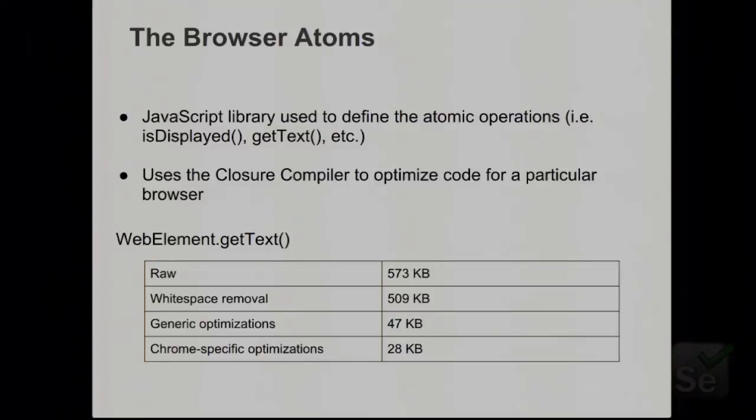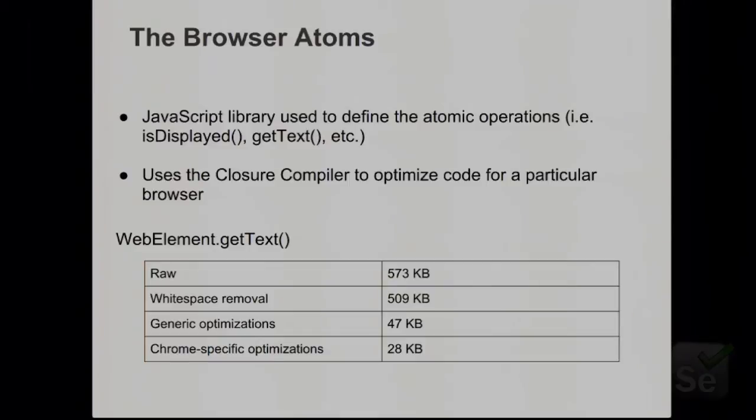And then you can really crank it up and tell the Closure compiler to strip out everything that isn't related to Chrome. We have to write the code a certain way, kind of like C preprocessor macros in JavaScript, to see what they look like. But it really gets that 570 kilobytes all the way down to 30 kilobytes. That's a nice manageable chunk of JavaScript that we can inject into the browser.